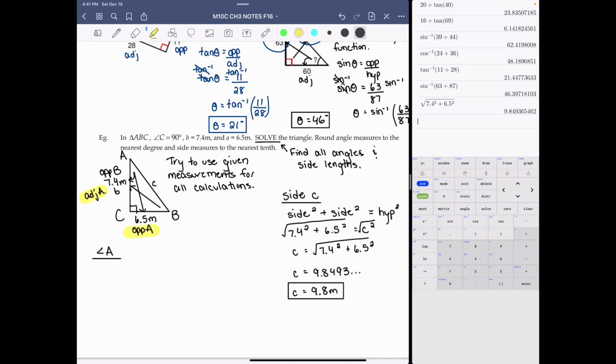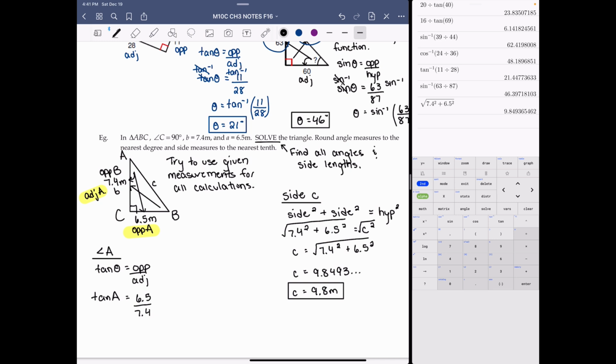Which trig function would I use? That would be tan theta equals opposite over adjacent. Plug in our values. Tan angle A equals opposite from A is 6.5 and adjacent from A is 7.4.